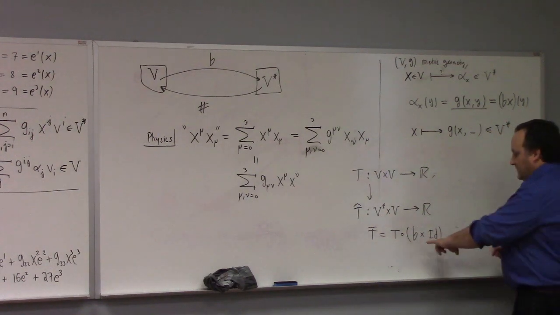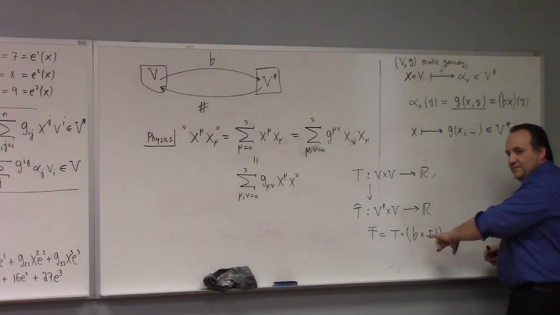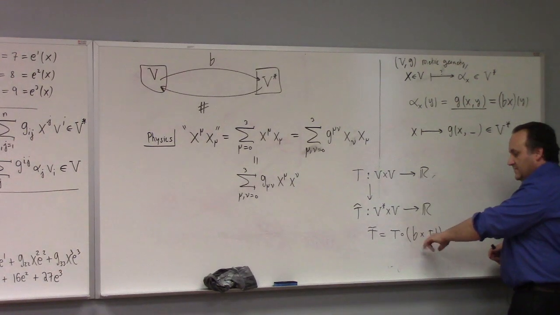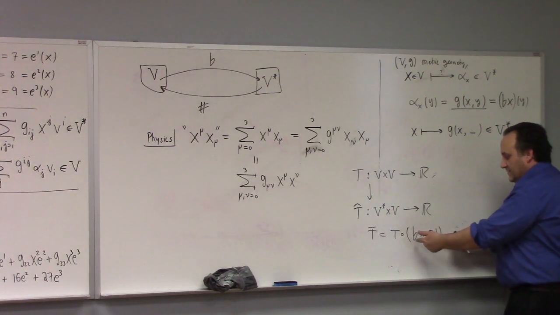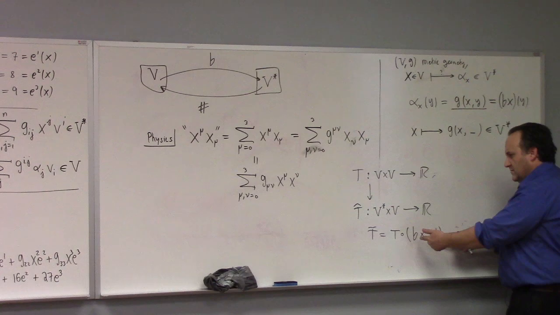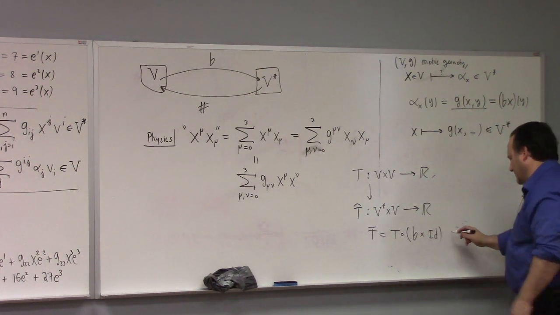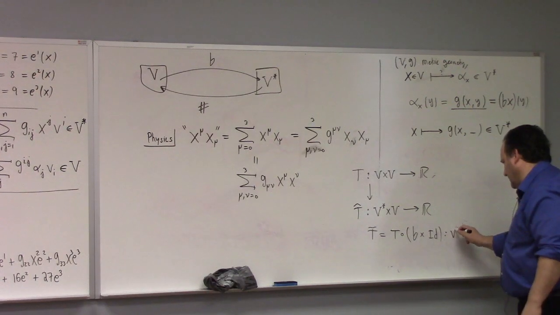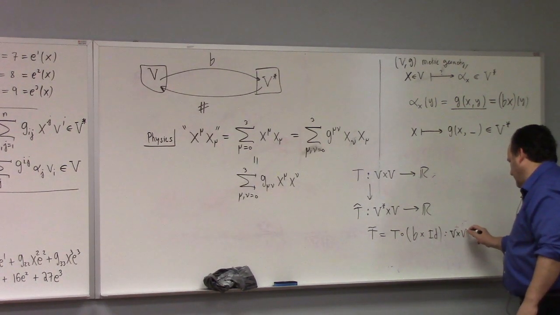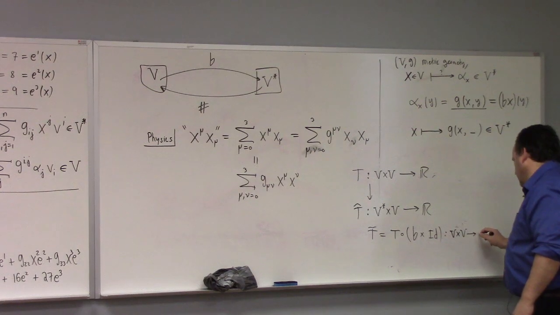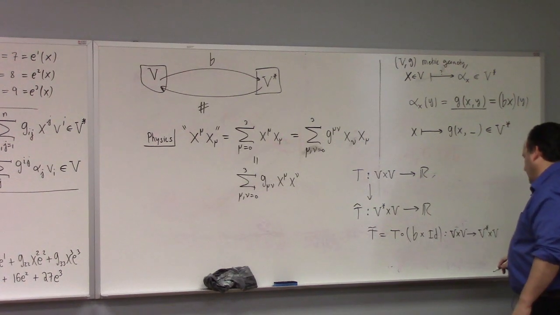So this mapping will take V to V, and it'll take V to V dual. Or wait a minute, the other way around. I think this should go from V cross V to V dual cross V. My bad.